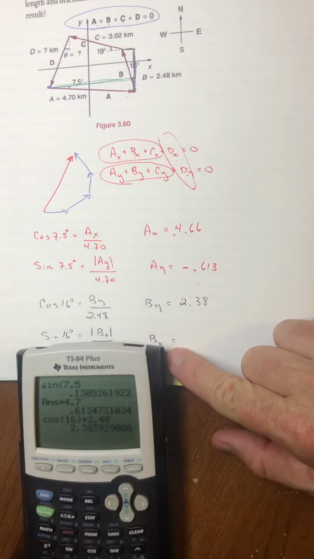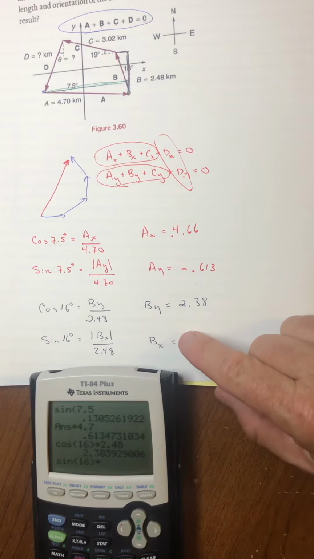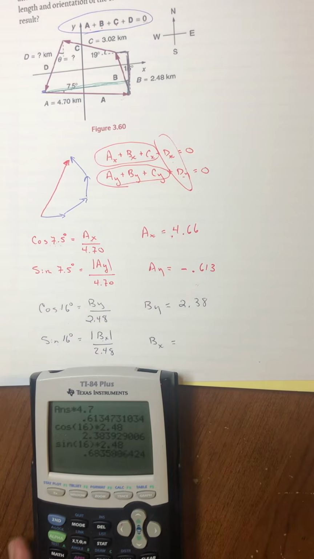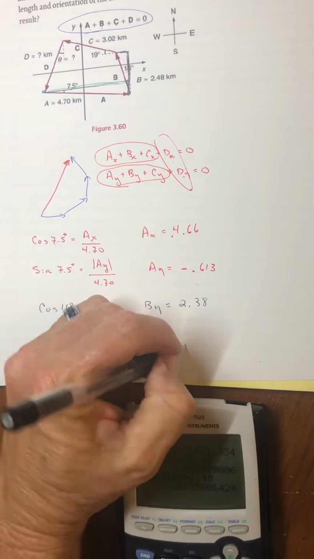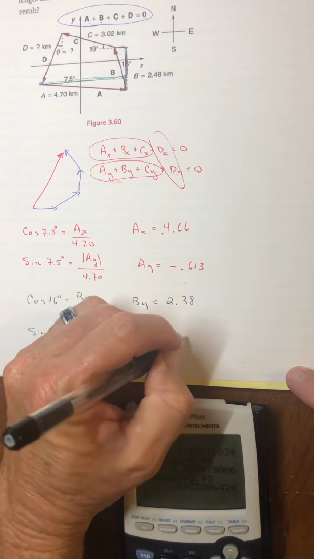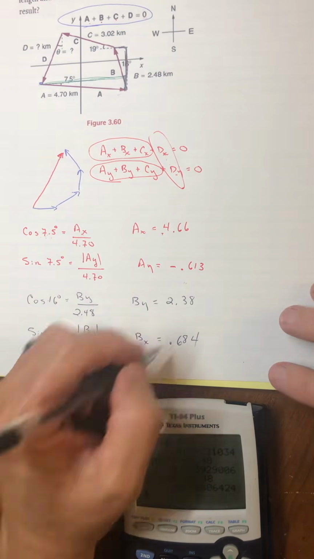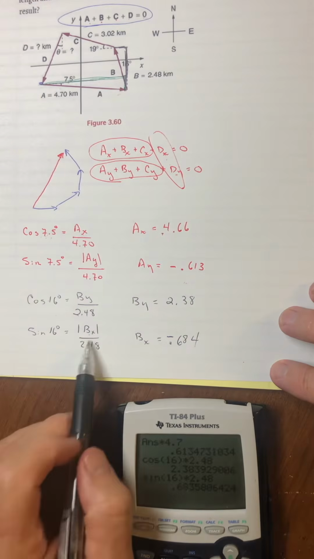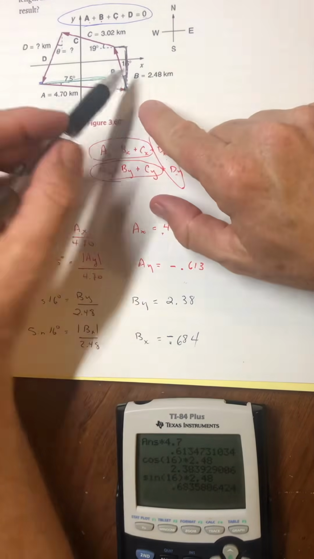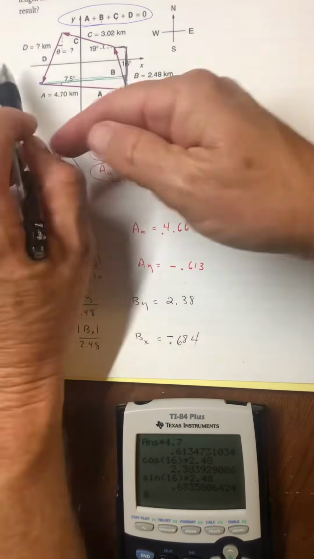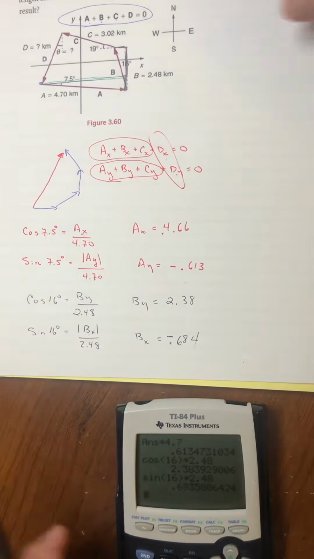And for the x component, let me go sine of 16 and multiply that by 2.48. And gets 0.684. And emphasize negative, because this was the absolute value, and as I said earlier, B is up, so positive y, and left, negative x.